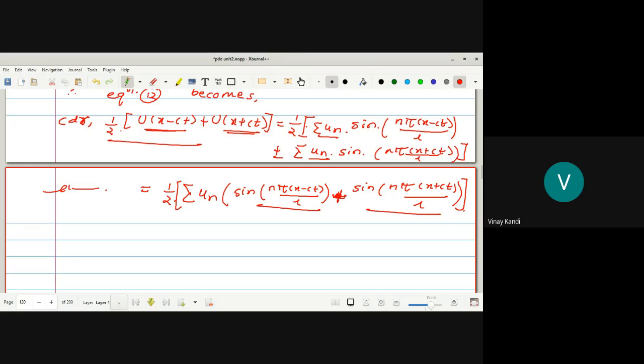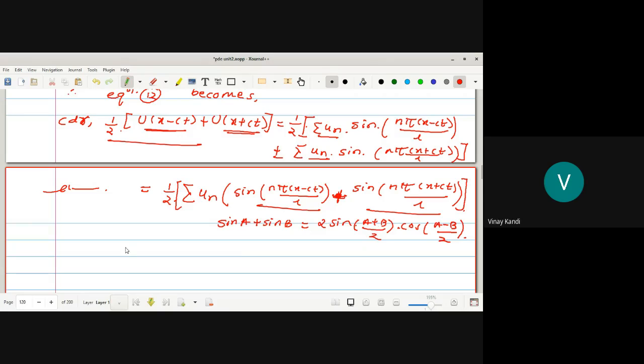Now this is sine A, this is sine B. What is sine A plus sine B? It is equal to 2 sine of (A plus B) upon 2 into cos of (A minus B) upon 2.